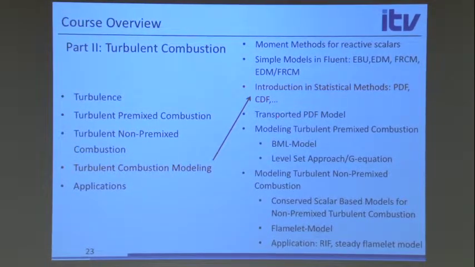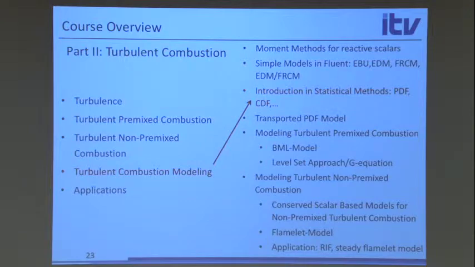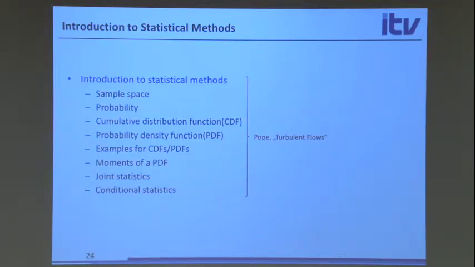So before I talk about the more complex models, I want to say a few words here about statistical methods. This follows very much the Turbulent Flows book by Professor Pope. And it's just an introduction to statistical methods that introduce different concepts that we use in modeling.